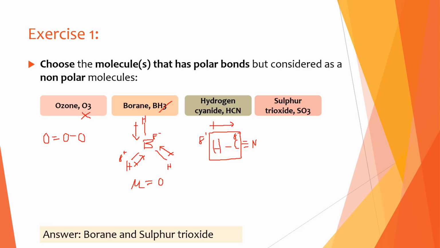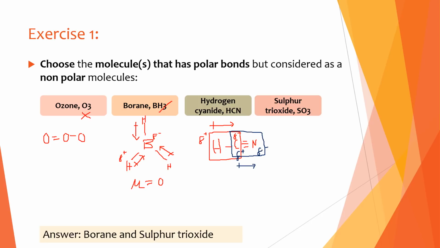For carbon and nitrogen, the dipole moment also comes from the carbon towards the nitrogen. This is because nitrogen is more electronegative, so nitrogen will become partially negative and carbon will become partially positive.